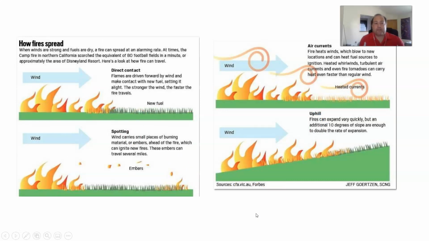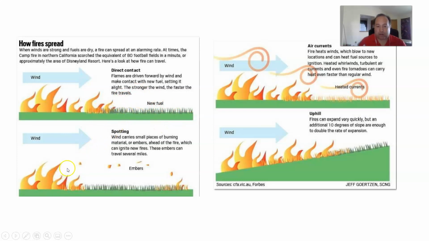So with this heat transfer now, how does fire spread? What you could have happen is you could have direct contact. So we get this wind-driven fire. We've got unburned fuel here, and our fire moves in and has direct contact with it. We go through the whole combustion process and we get heat transfer through conduction.